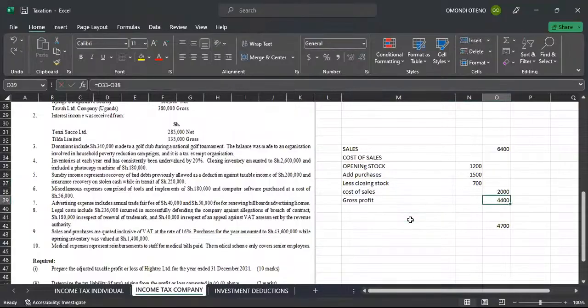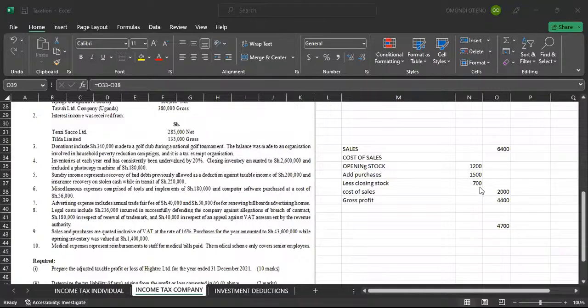Imefanya nini? Our profit has reduced from 4,700 to 4,400. So what has happened? If you put the real value of closing stock, our real profit has reduced, or our real profit is now 4,400.